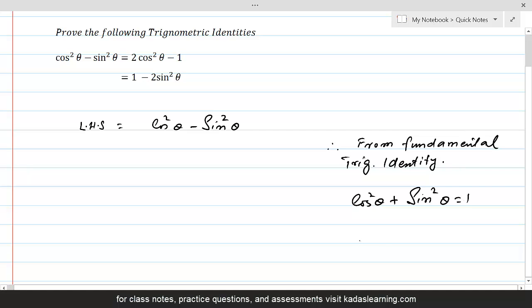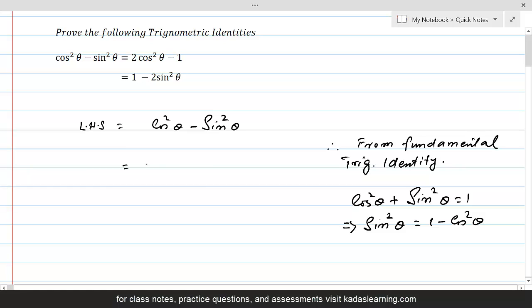And it was mentioned over there because now we want the result involving cos only on the right side. So we want to eliminate sin. Therefore, we will get value for sin square theta from fundamental trigonometric identity, which is equal to 1 minus cos square theta, and substitute this value for sin square theta.